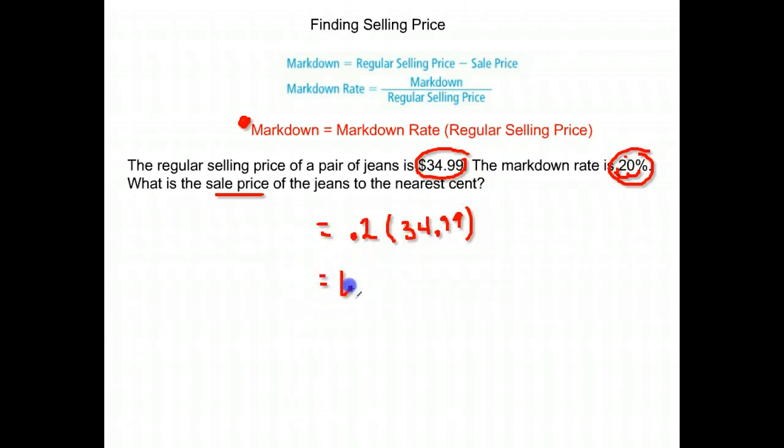When I do that, I get 6.998. If I round that, that's going to round to $7. The 8 makes the 9 round up, and we end up at $7. That's our markdown.